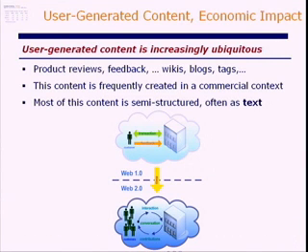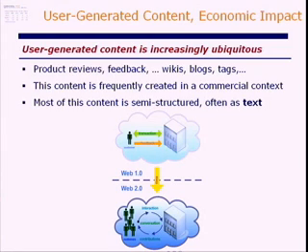So what's the motivation? I'm going to spend five minutes telling you about the broader research program, and then delve into the details of the specific case study, which is reputation systems. The motivation is that there's an increasingly large amount of user-generated content, as all of you know, and it's being generated frequently in a commercial context.